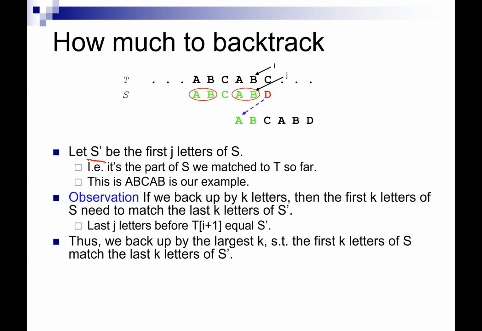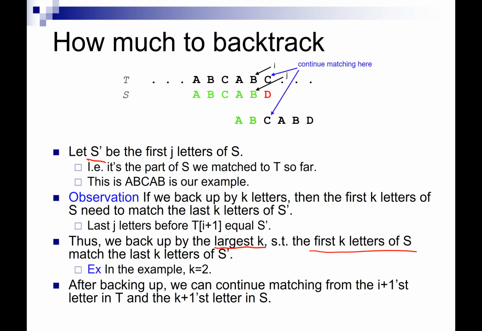But we actually want to find the largest K so that the first K letters of S match the last K letters of S prime. In our example, this is 2. Once you find this K, then you can simply back up S by K locations.